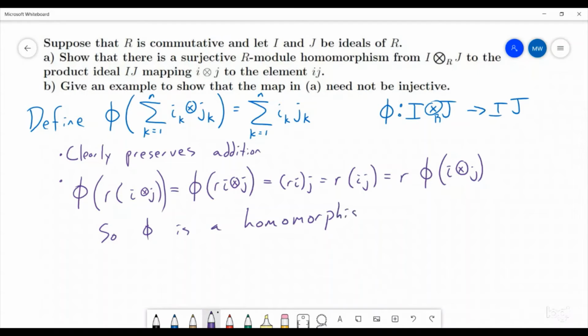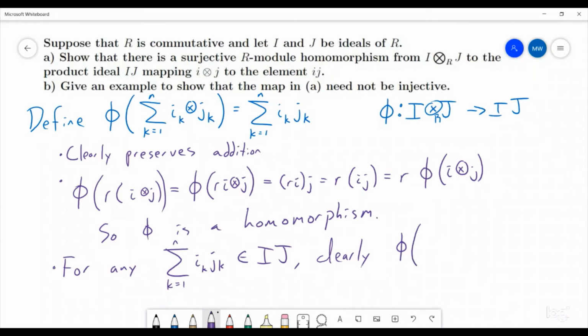Next, we're going to need to show that this is surjective. So for any sum from k equals 1 to n of i_k j_k in IJ, clearly we have the element where phi of the sum k equals 1 to n of i_k tensored with j_k is equal to the sum that we wanted.